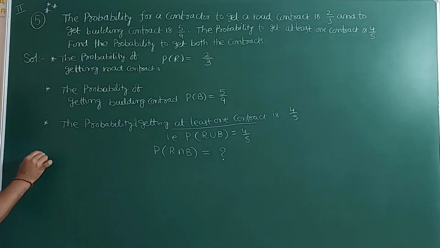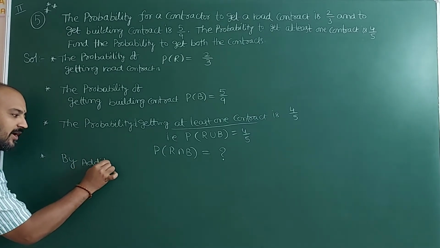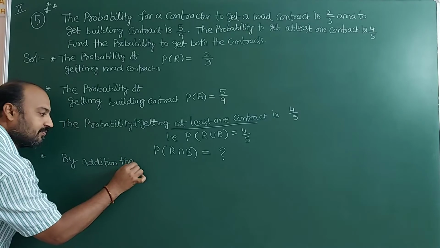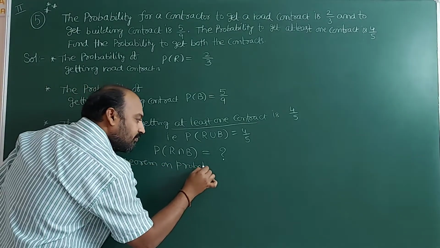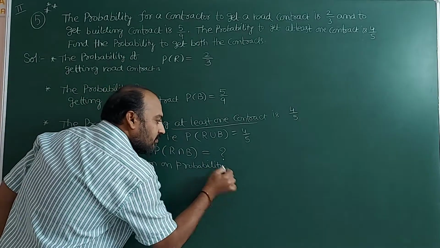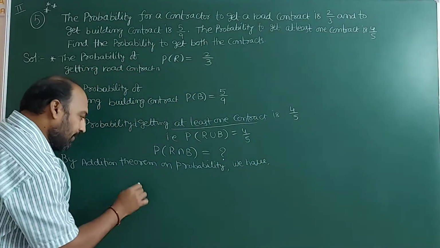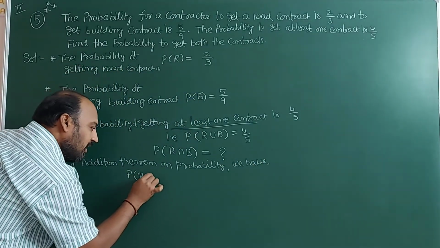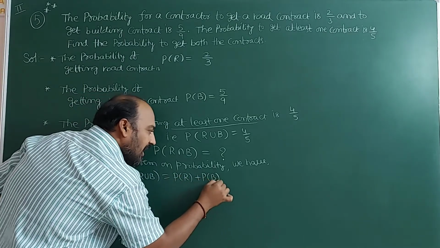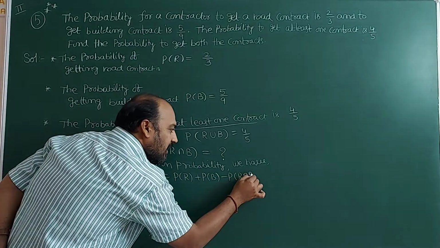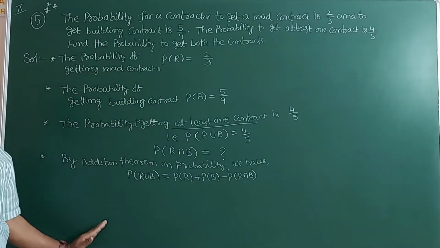So by the addition theorem on probability, we have P of R union B is equal to P of R plus P of B minus P of R intersection B. So the required P of R intersection B becomes the subject.